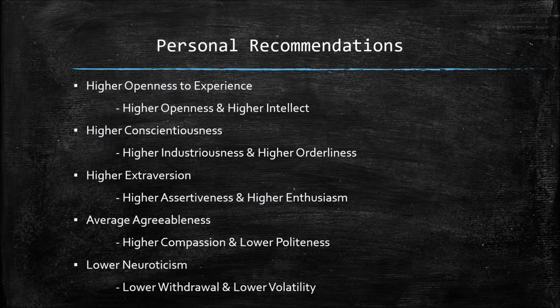Personality, or I should say, manifestations of your character, right? So this is more so just random, right? Like the stock market, it's completely random, right? You can't predict it, right? And so the unpredictableness of volatility is what distinguishes it, I would say, from assertiveness and politeness, right? So I'd say lower volatility, right? If you can, and lower withdrawal. And so those would be my personal recommendations.